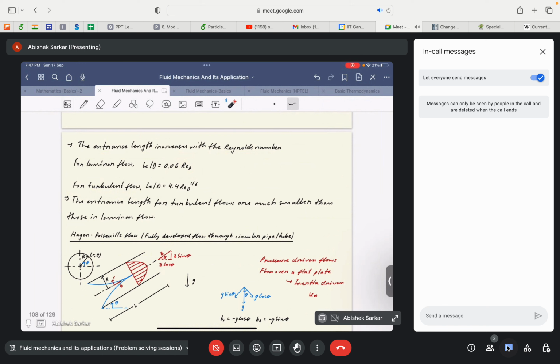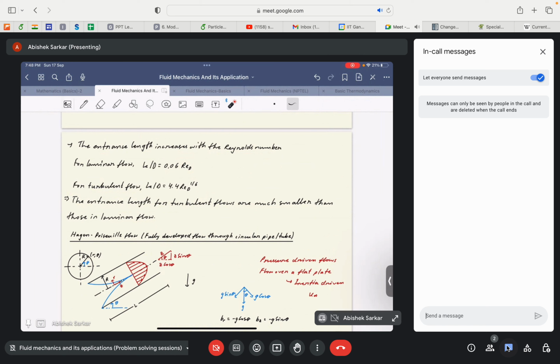One more interesting fact to look at is that the entrance length for a turbulent flow is much smaller than in the case of a laminar flow. This would ideally be because the turbulent flow by its very nature is highly dissipative.